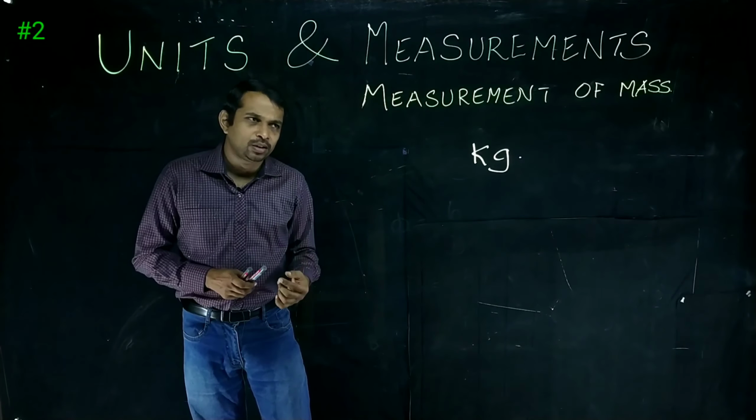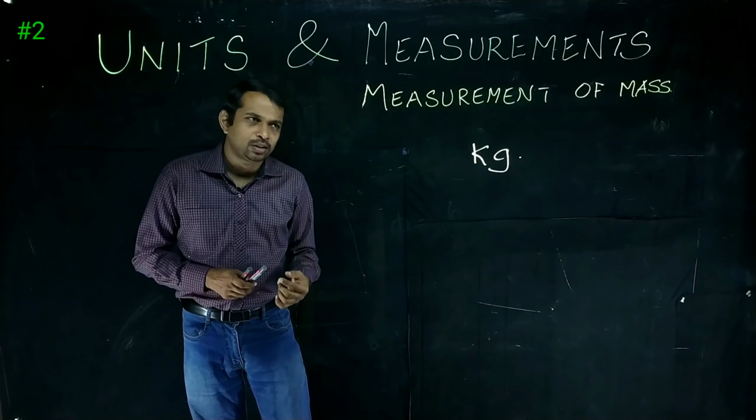This is 1 AMU, and AMU is the unit we are using when it comes to the mass of these small particles like atoms, molecules, nucleus, etc.